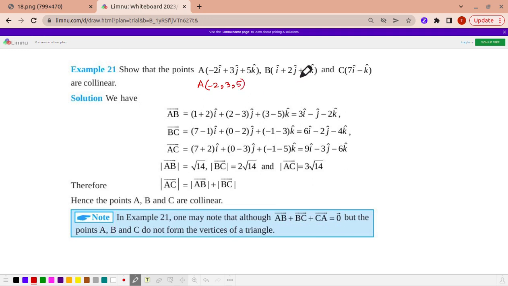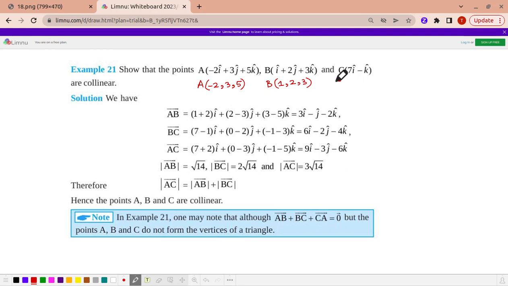Similarly, the point B is represented by the position vector i cap plus 2 j cap plus 3 k cap. That means the coordinates of the point B are 1, 2, 3. And the position vector of the point C is 7 i cap minus k cap.